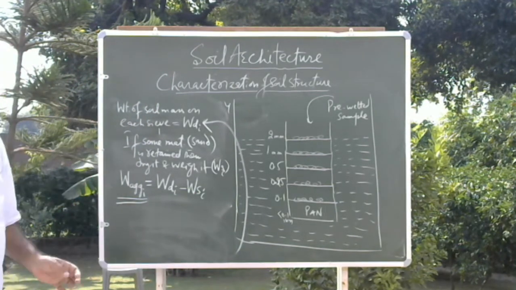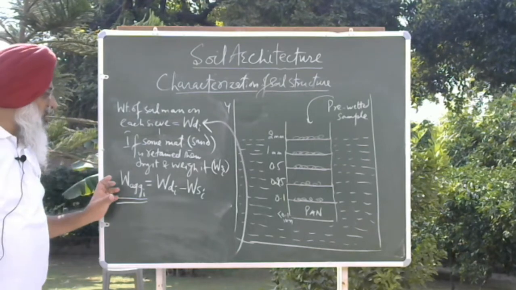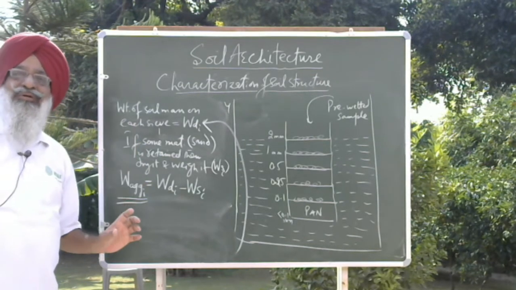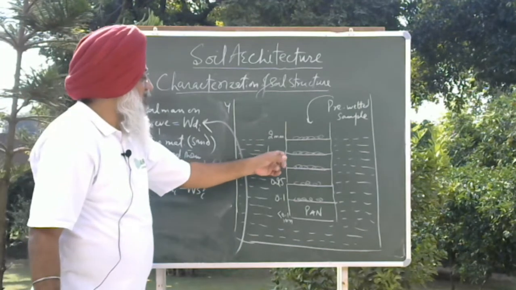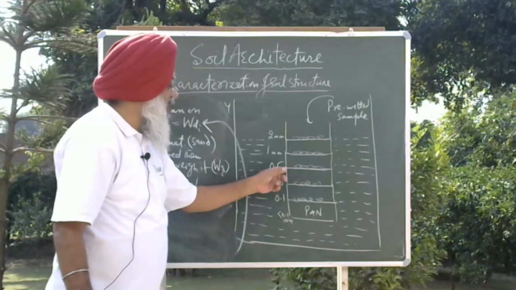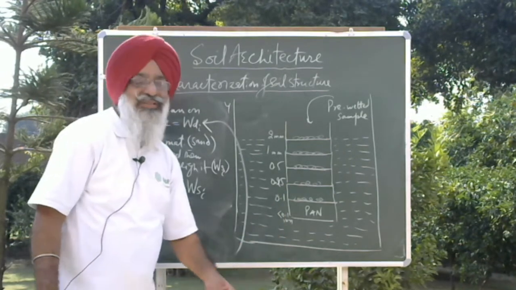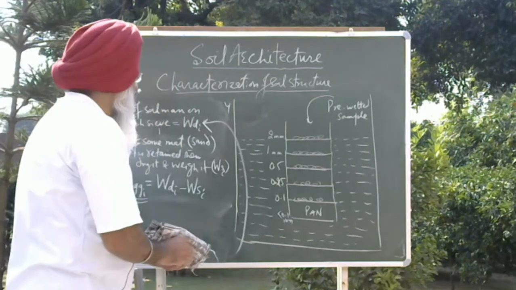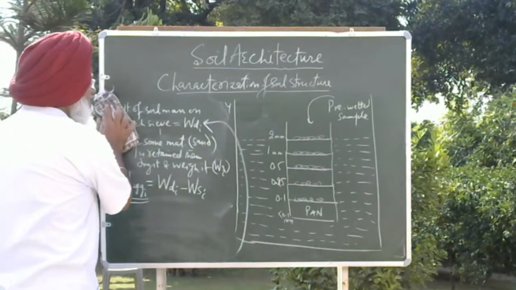This is what we want. Now we are sure this is weight of aggregate retained on sieve. So, this could be 1 to 2 millimeter aggregates, 0.5 to 1 millimeter, 0.25 to 0.5, similarly less than 0.1 millimeter.